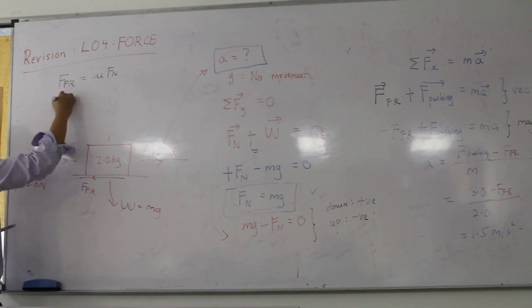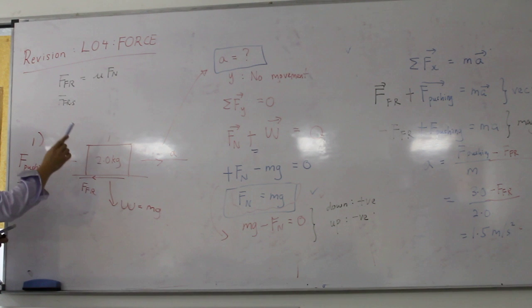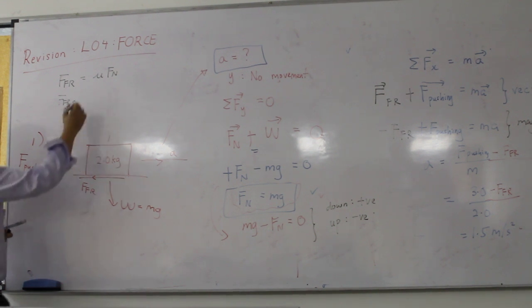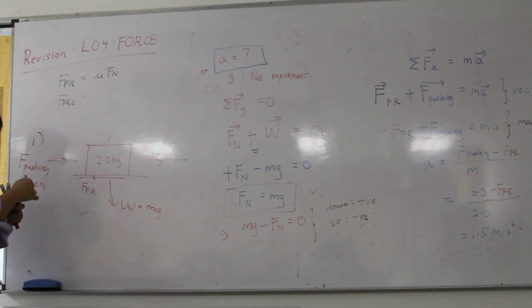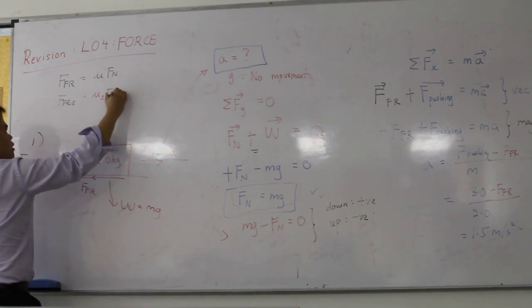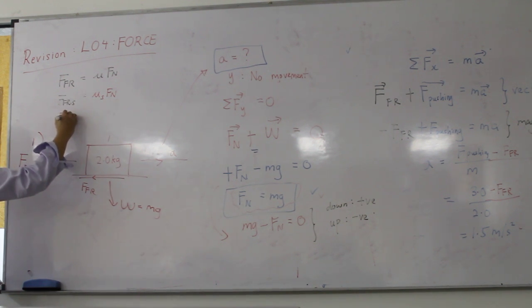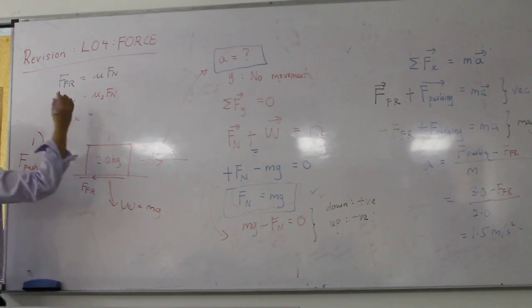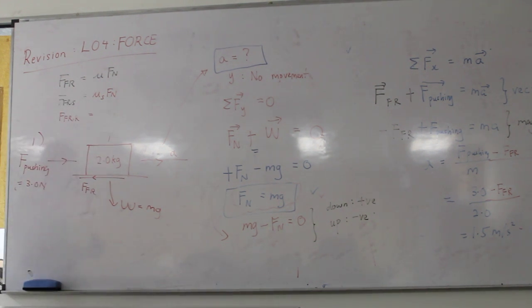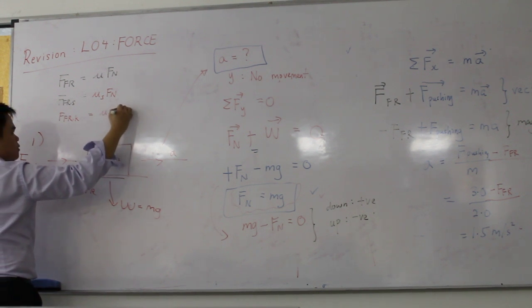One is FFR S: if the object is static, no movement, then that is mu S Fn. On the other hand, if the object is moving, then we must consider FFR K, kinetic. S stands for static, K stands for kinetic. So the formula is mu K Fn.